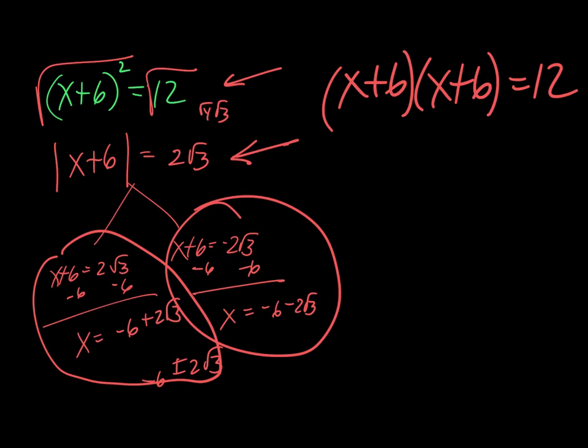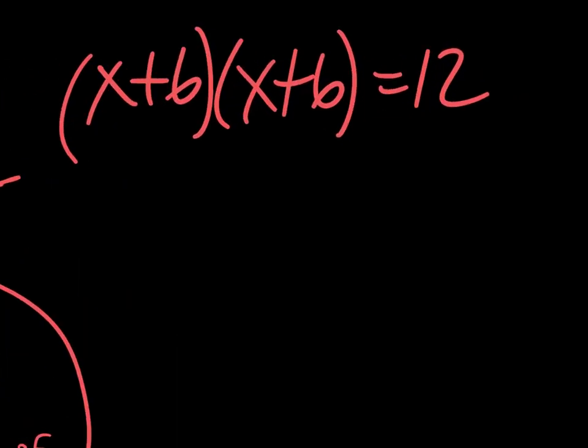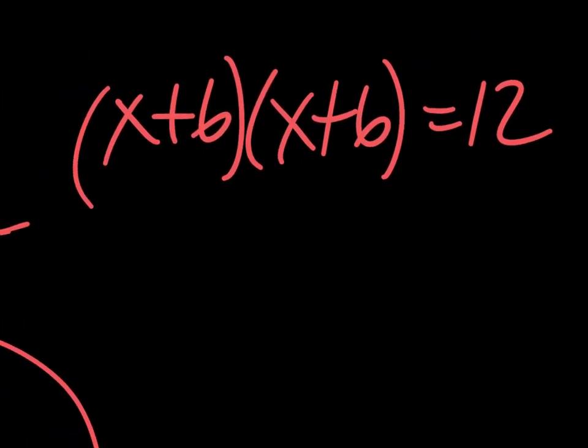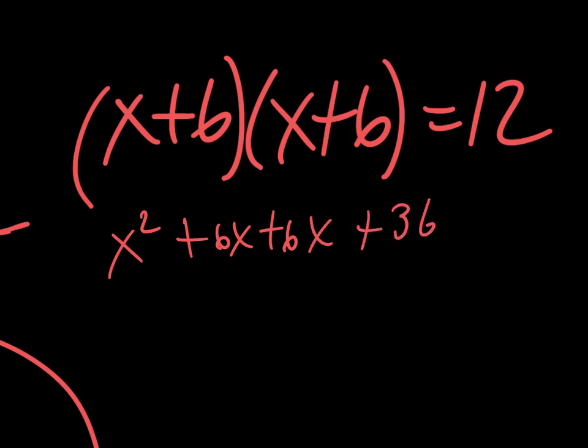12. Okay. Here, I'm going to back up. What you just said, isn't that this right here, except multiplied out? Yeah. Okay, so you multiplied it out. So I'm going to do that. X squared plus 6x plus 6x plus 36 equals 12. And then what?